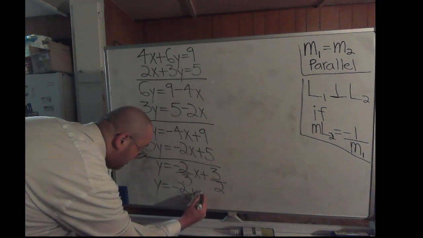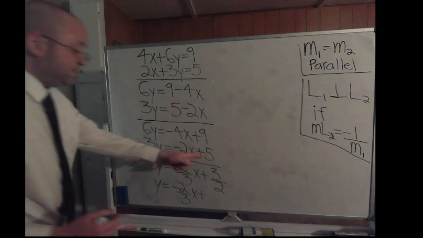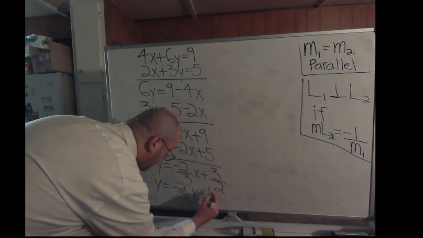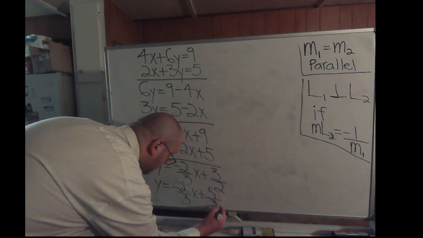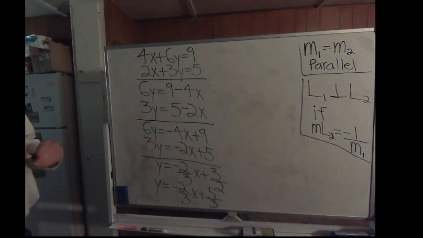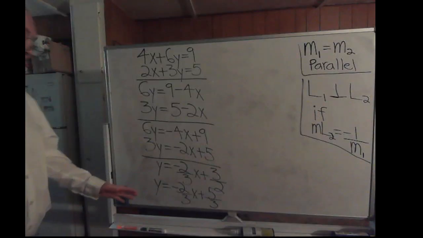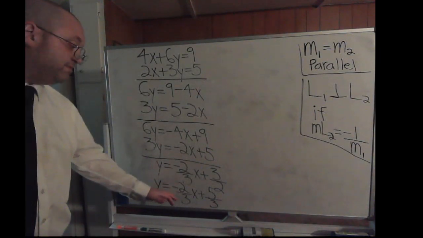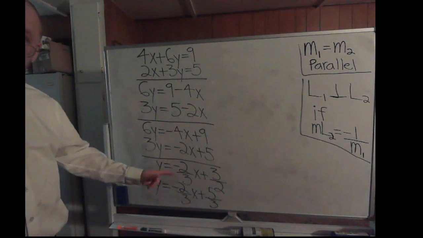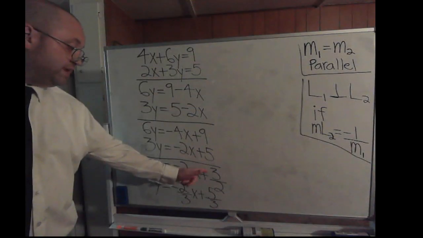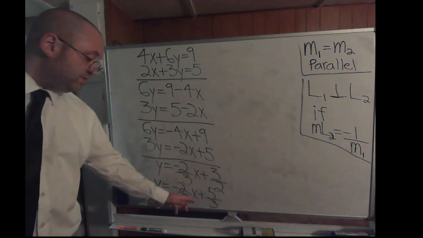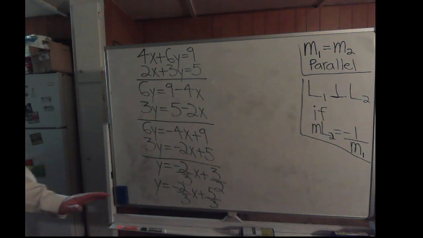Plus now you got to divide the 5 by 3, you get 5/3. So, we now have both of these equations in slope-intercept form. You have y equals negative 2/3 x plus 3/2, and then y equals negative 2/3 x plus 5/3.